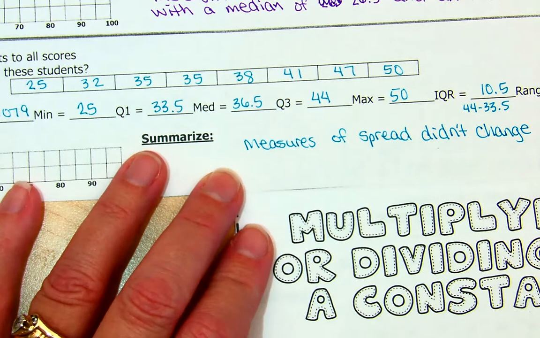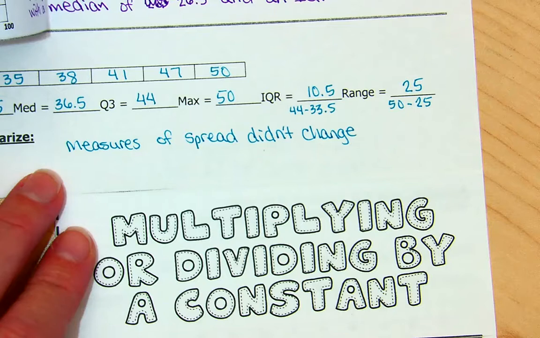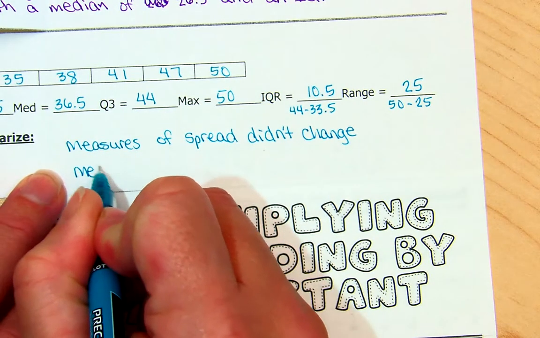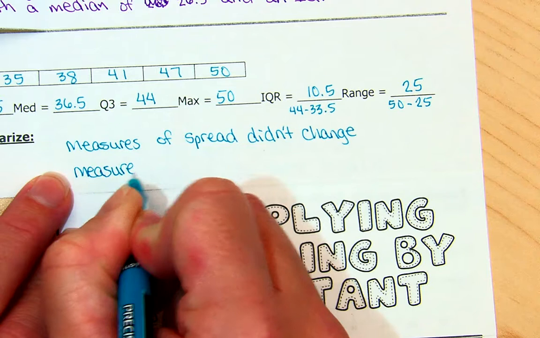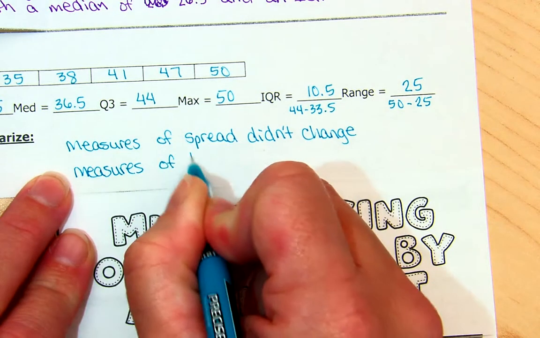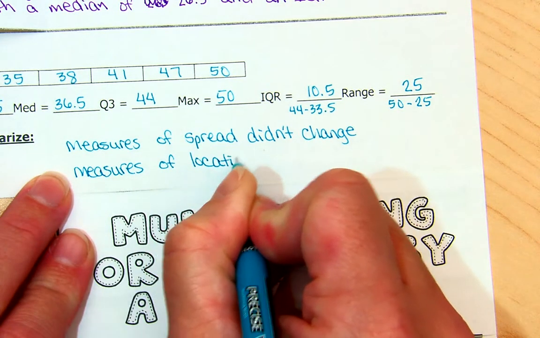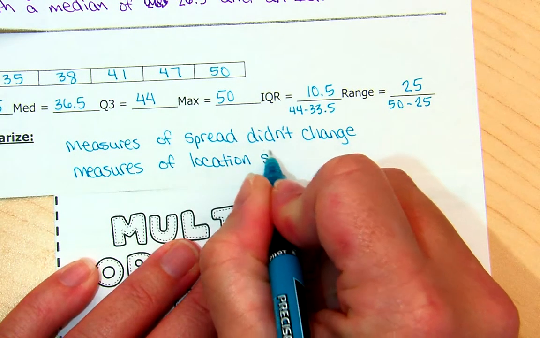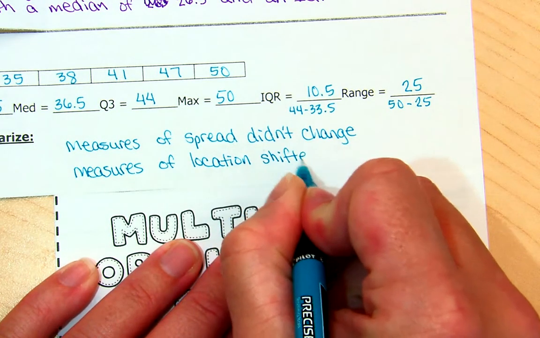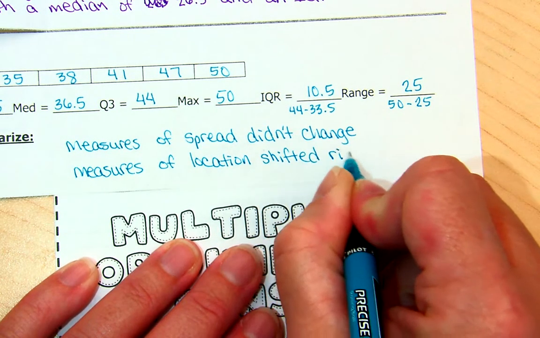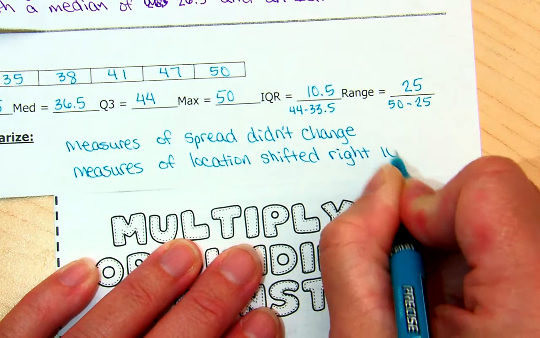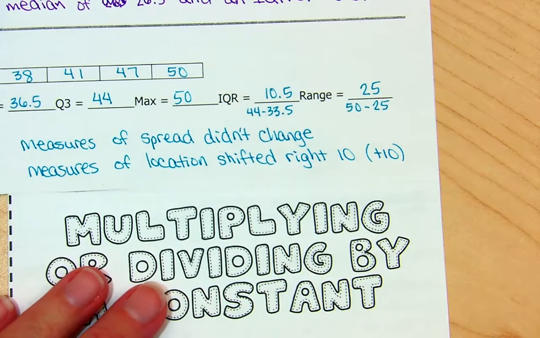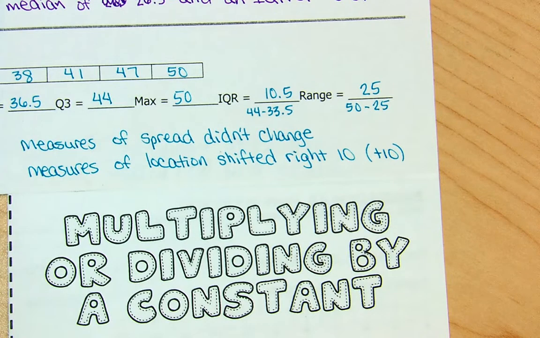And then we'll call the others measures of location, so it's where they're located. So measures of location shifted right 10 because we added 10.